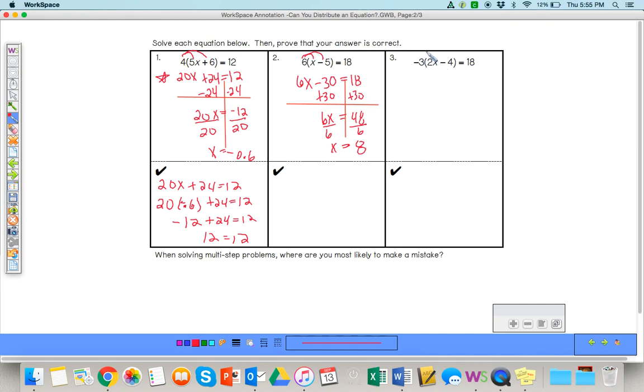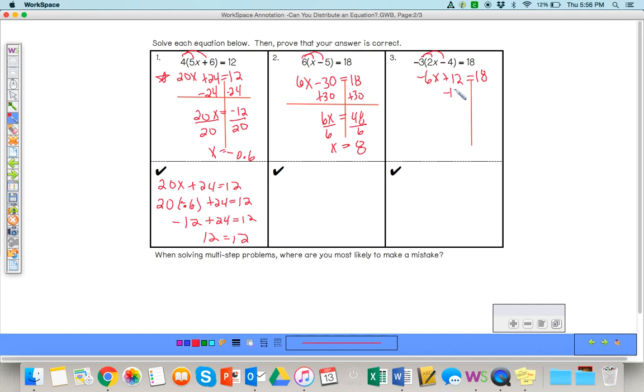Okay, in this problem, we're doing negative 3 times 2x. So we get negative 6x. Negative 3 times negative 4. That gives us positive 12, and that equals 18. We draw our line through the equal sign.